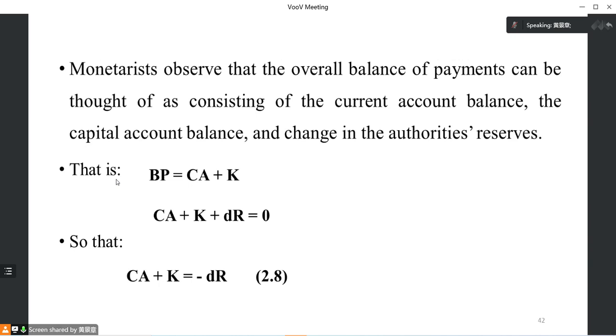That is, BP equals CA plus K plus DI equals 0, so that CA plus K equals minus DI. We express this equation as 2.8.